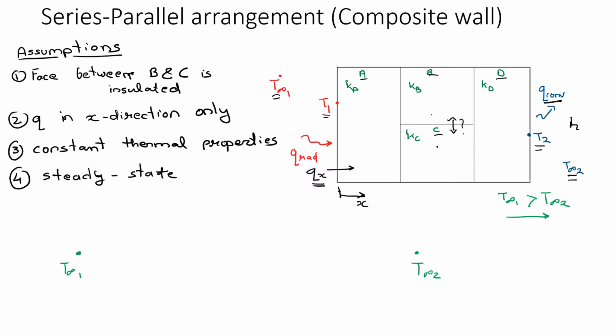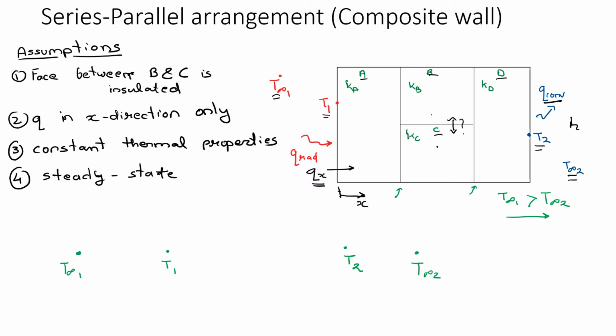Now we know the temperature of the surfaces. So let's say this is T1, and this is T2. We don't know the surface temperatures at these interfaces here, so we won't plot that, but let's make the resistances.